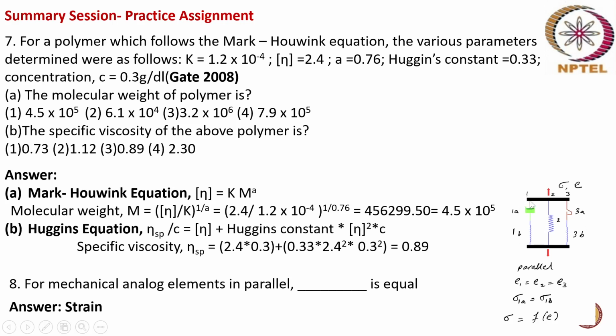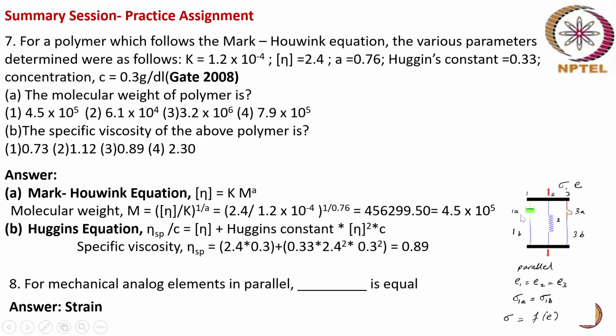Okay. So the extent to which they get extended will be equal. The total strain in each of these elements will be equal. Whereas when you have a series arrangement, for example in system 1 where you have a dashpot and spring arranged in series, here the stress applied is equal.